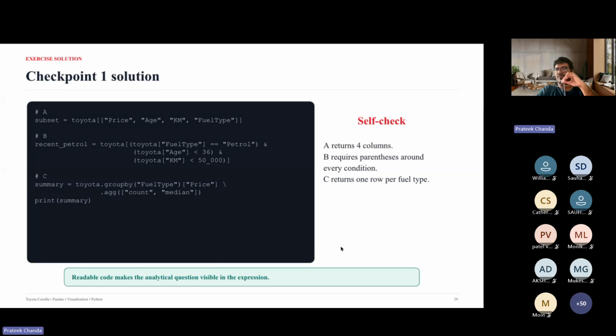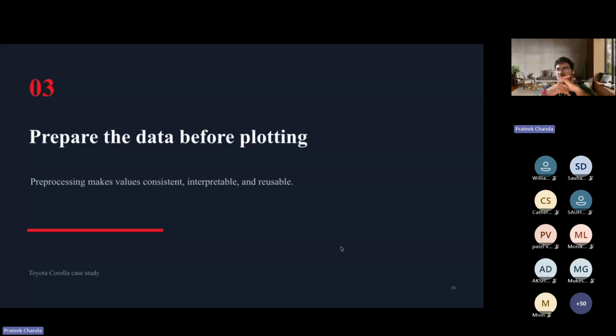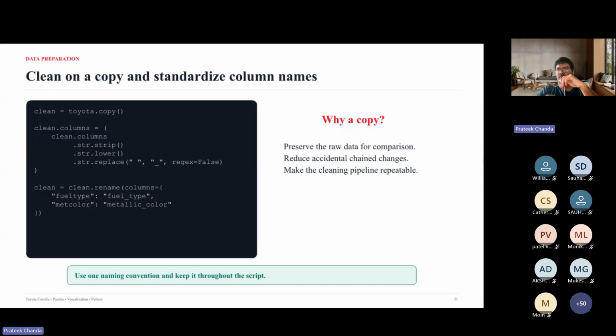Now we want to look at the pre-plotting setup, before we try to plot the data set. What are the other things that remain for pre-processing? As I also mentioned in previous slides, we always want to do good pre-processing on a copy of the data, not on the original data.